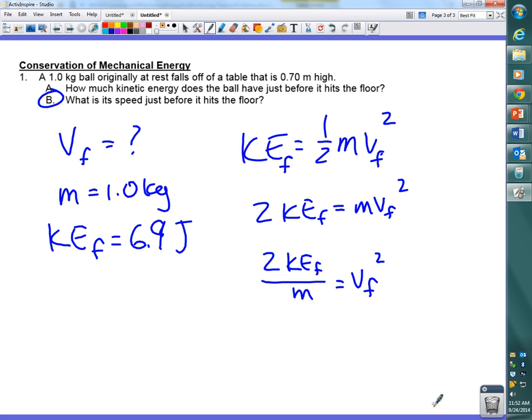And then I would do this. Now, we have an equation that has VF by itself on the right-hand side, KE final and mass on the left-hand side. We know both of those things, so we should be able to figure out what the final velocity is.